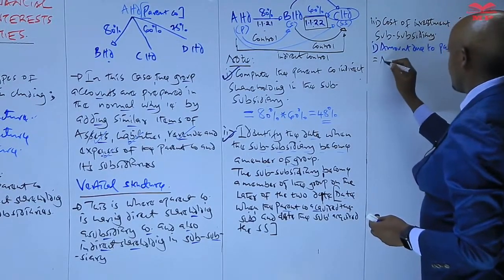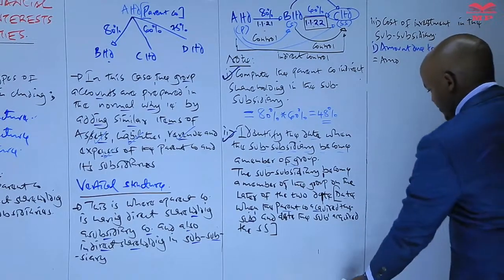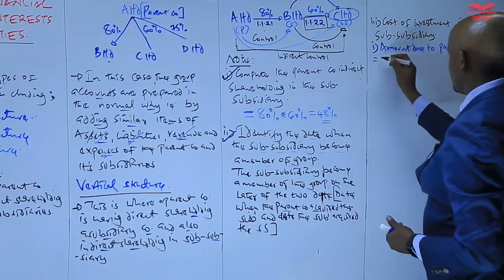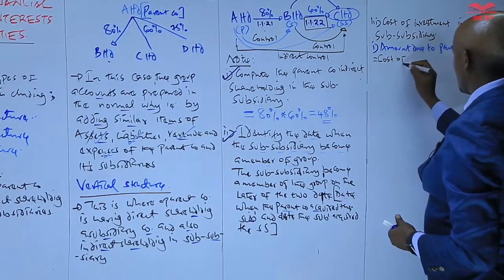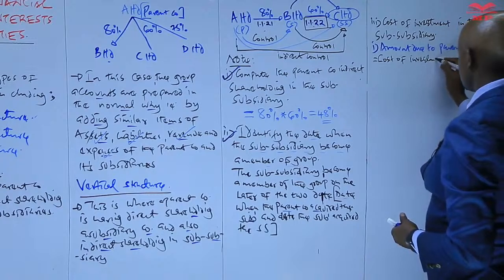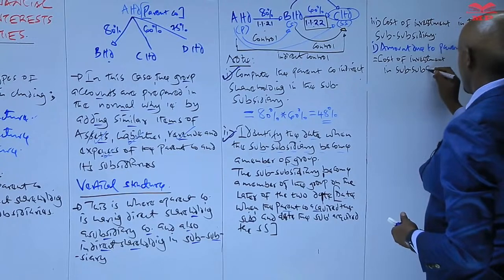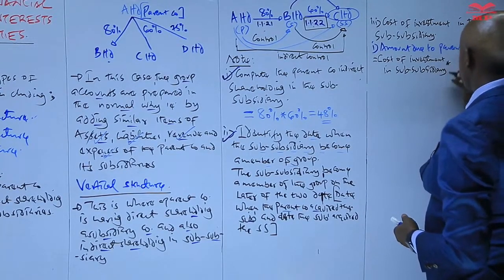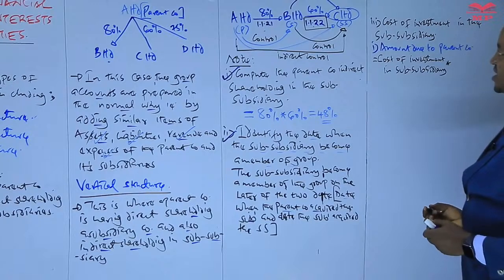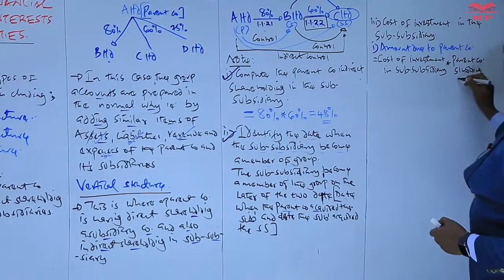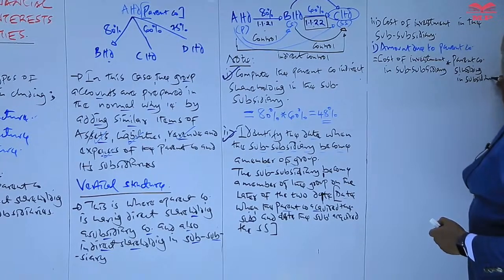So how do we compute that amount due to the parent company? We compute this by taking the cost of investment in the subsidiary times the parent company shareholding in the subsidiary.